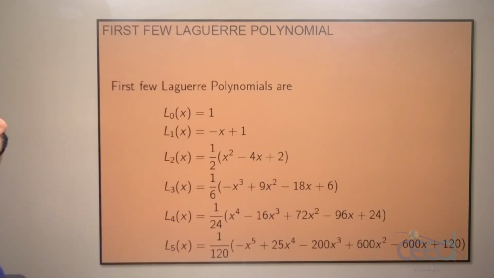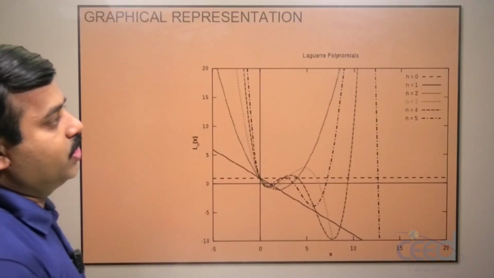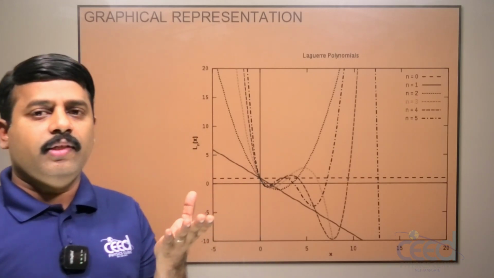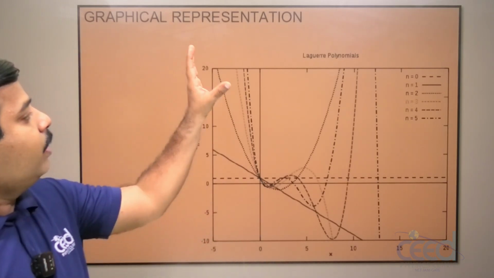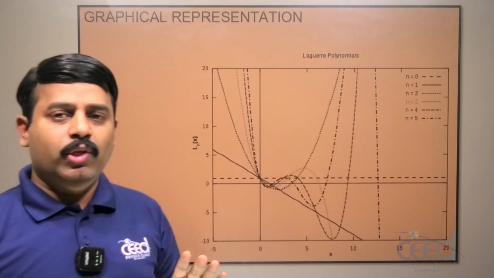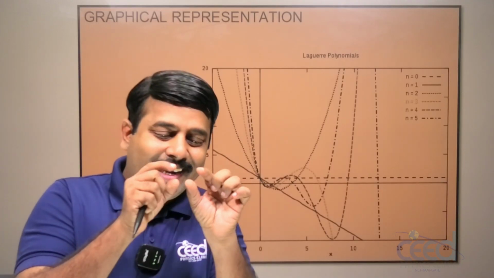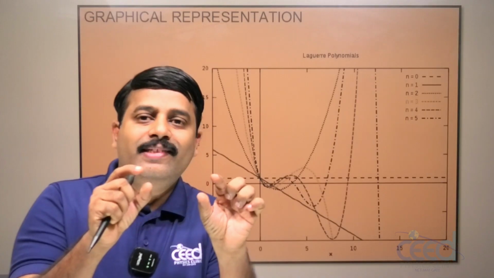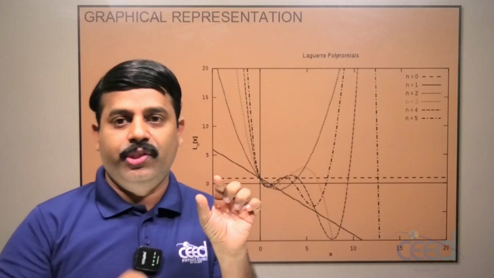Now let us go to the graphical representation. How can we represent the Laguerre polynomial? Actually, what is the Laguerre polynomial? The Laguerre polynomial is the solution of the Laguerre differential equation.